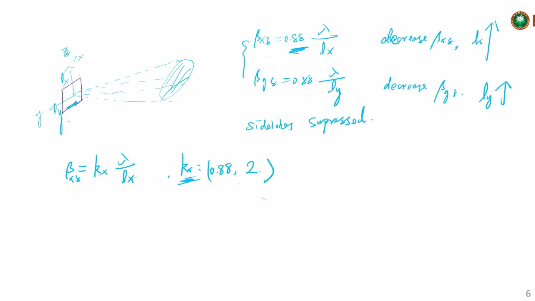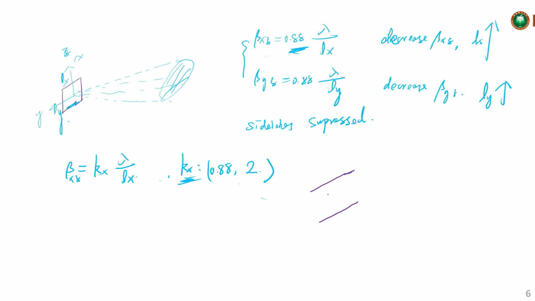For example, we have an aperture. Previously it is flat.